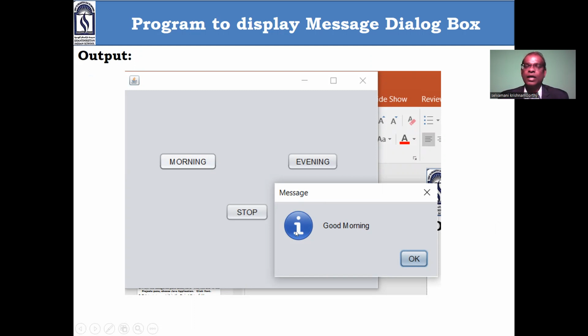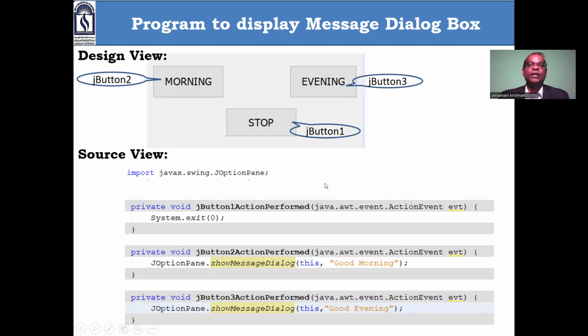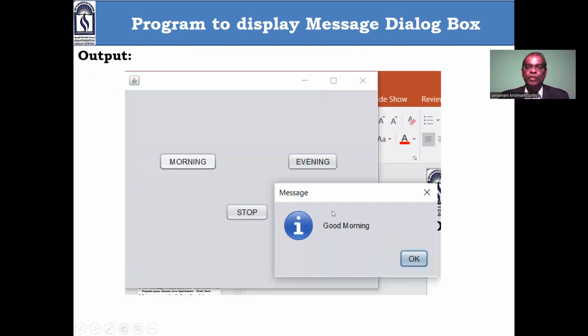This is the dialog box. If I click on morning, that is jButton2, it should display one message box with the text good morning. In a similar way, if I click this button, that is jButton3, which has the text evening, this message box needs to be displayed with the text good evening.